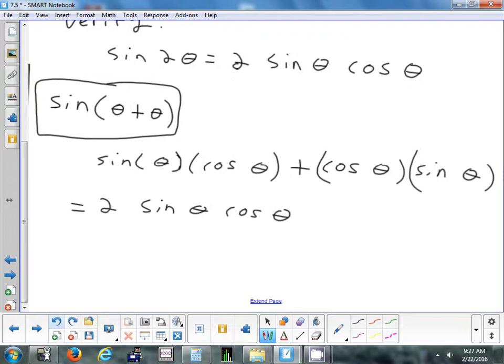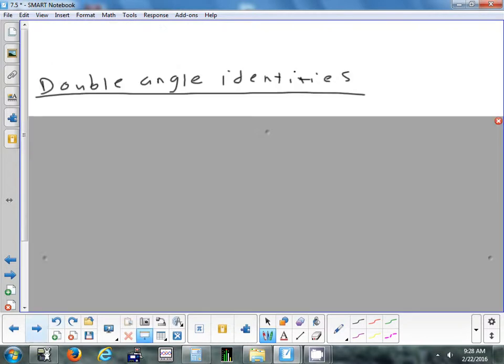It's kind of like if I said, you have x times y plus another x times y. How many x times y's do you have? You have 2 of the x times y's. Same thing here. Sine times cosine, another sine times cosine. We've got 2 of the sine times cosines. So that's what we call a double angle identity, because of the 2.